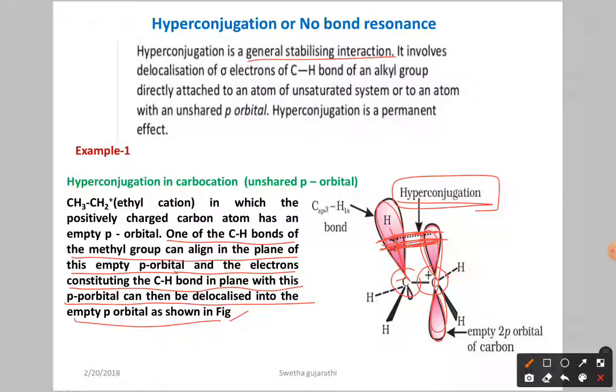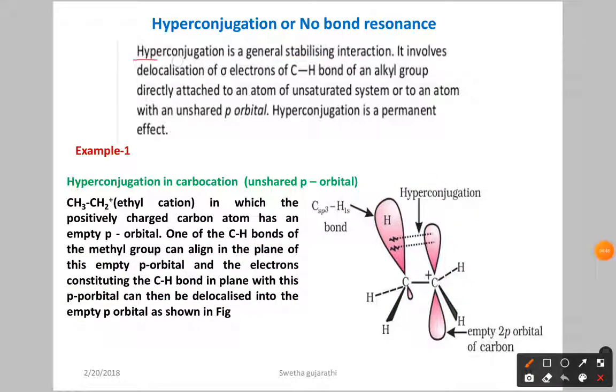So here you can see the definition. Hyperconjugation is a general stabilizing interaction, so it is going to stabilize. It involves delocalization of sigma electrons of a CH bond. Up to now, in resonance structures we were either shifting the pi bond or shifting the lone pair of electrons on the heteroatom.